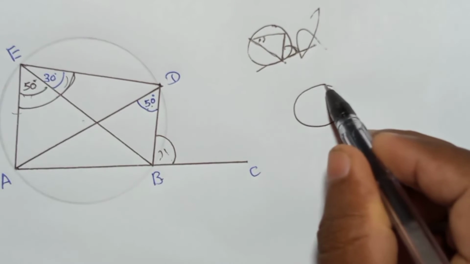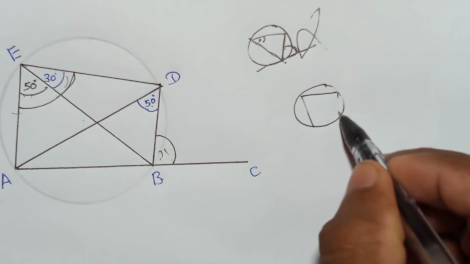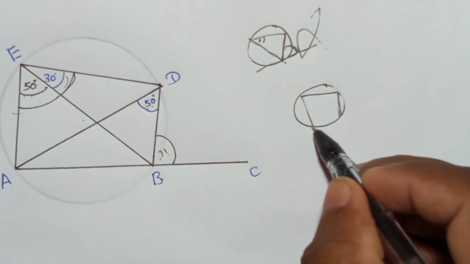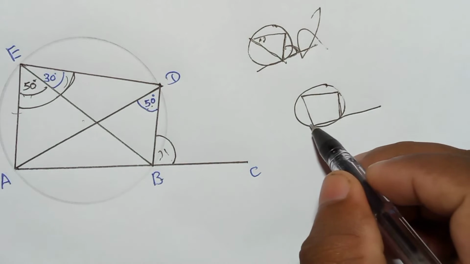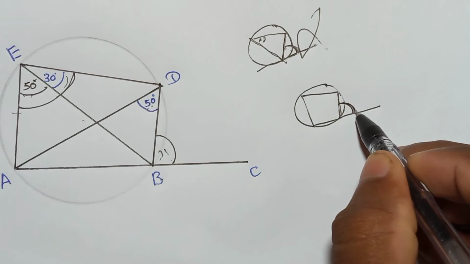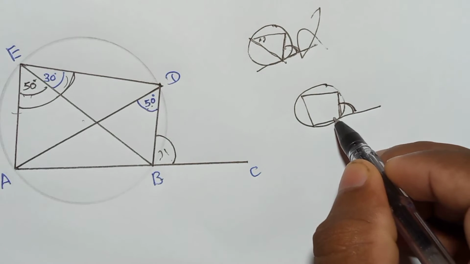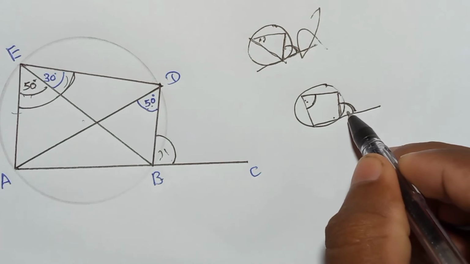I will remind you that when you have a cyclic quadrilateral like this, if you extend one side, this exterior angle will be equal to the interior opposite angle. That means this one will be equal to this one.